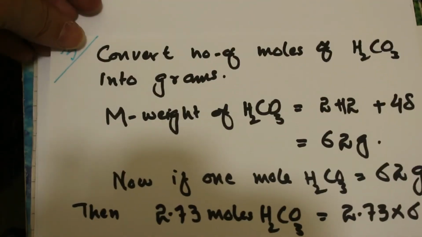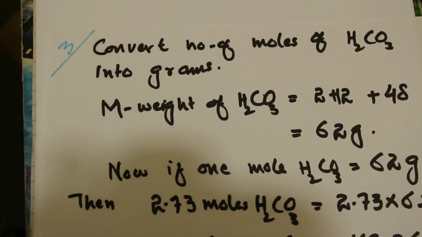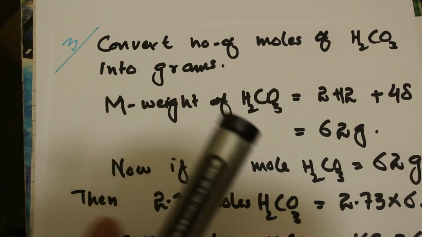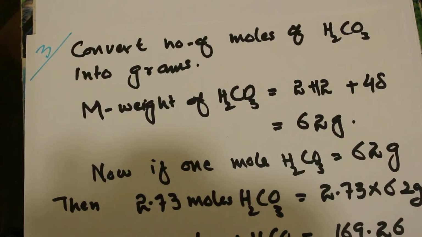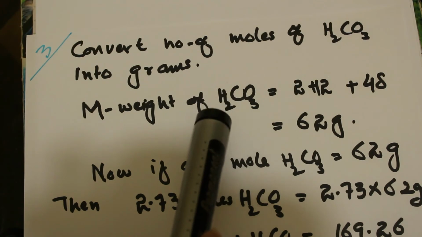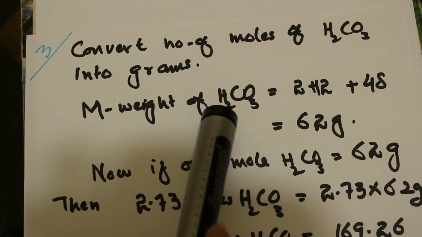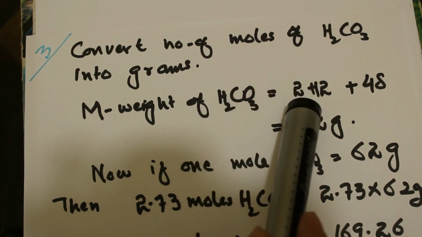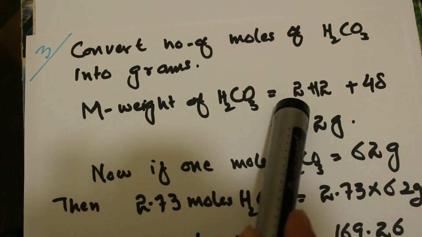So let me show you this page here. Now in the next step we convert the number of moles of carbonic acid into grams. So now let's calculate the molecular weight of carbonic acid. We have 2 hydrogen atoms. The atomic mass of 1 hydrogen atom is 1 AMU, so we multiply it by 2, and I have written down the 2 here.